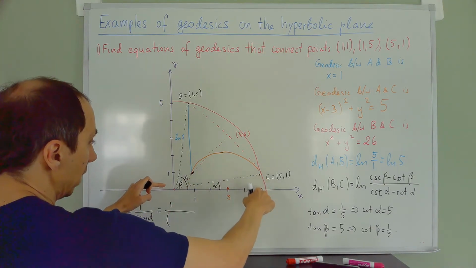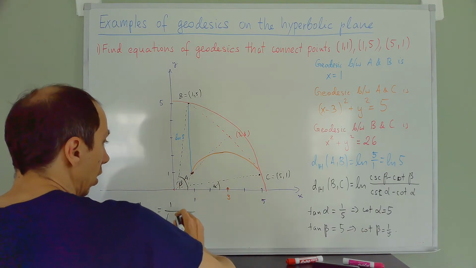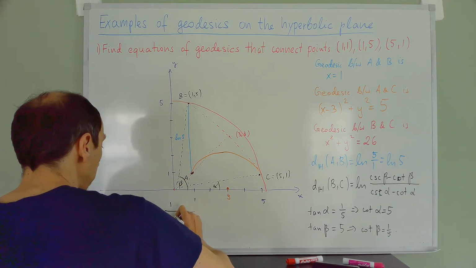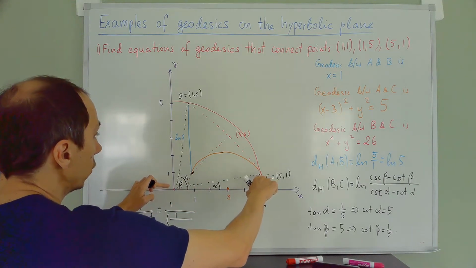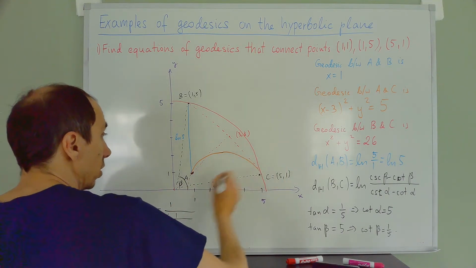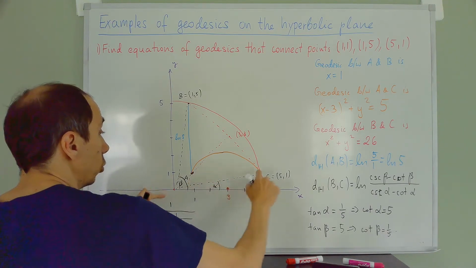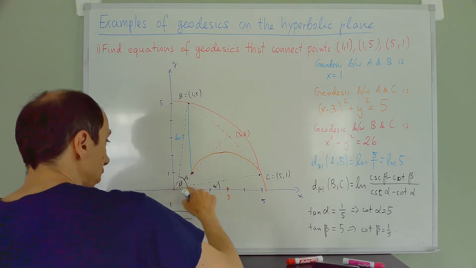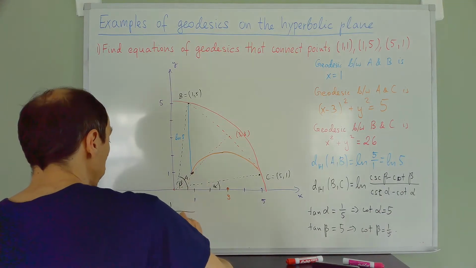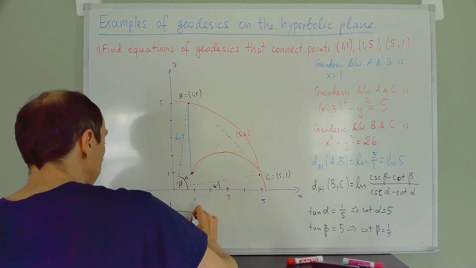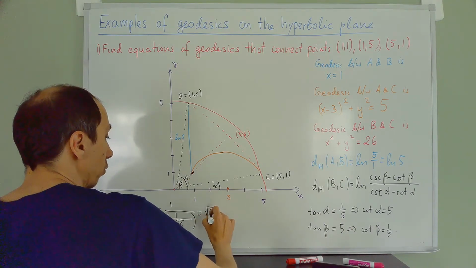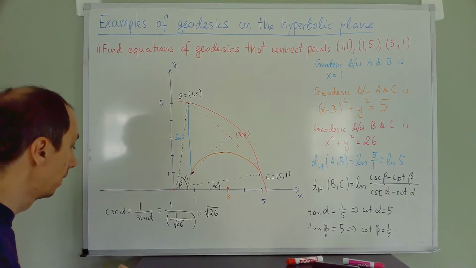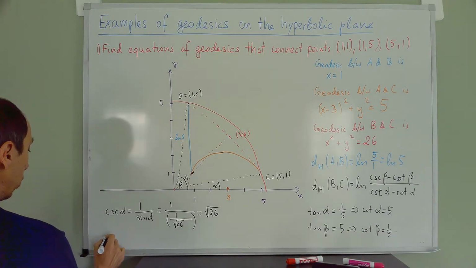Sine alpha is this length, which is just 1, divided by the length of the hypotenuse, which is the radius of the red circle, so that's radical 26. So I know that cosecant alpha is radical 26. Okay, and the same thing I can compute cosecant beta.